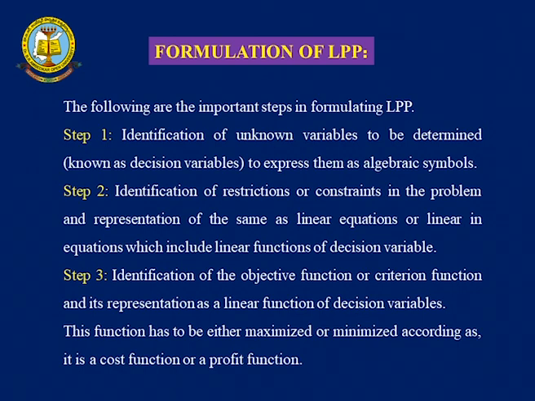This function has to be either minimized or maximized. Yes, it is one of the most important. The objective function or optimization function is the given function we are going to either minimize or maximize, according to the given problem. It is a cost function or a profit function.